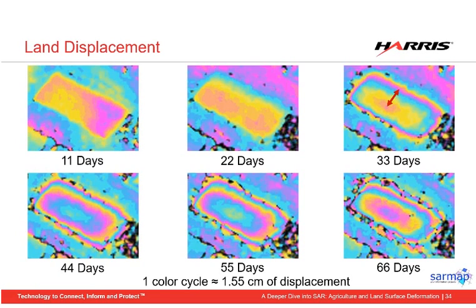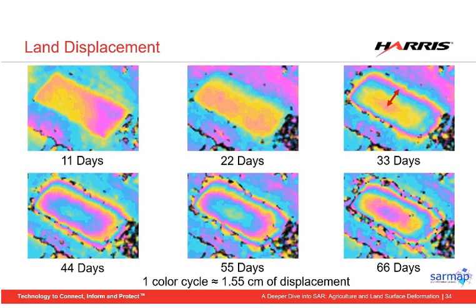So for a bit of background, if you haven't really looked at an interferogram before, the cycles that we saw relate to displacement. On the screen, we used one master image and then compared it to other scenes that occurred 11, 22, 33, 44, 55, and 66 days later.